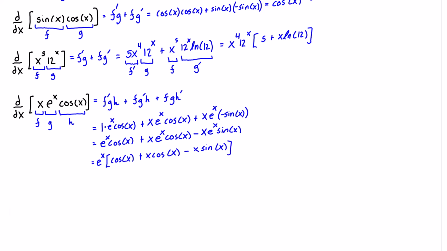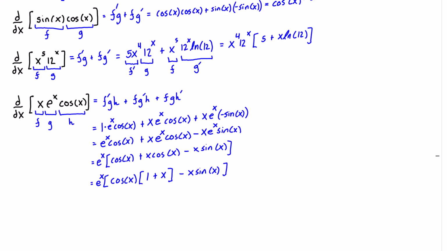And I think we can simplify this one more step, so we can pull out, well, we already had e to the x outside the big brackets, and then we can pull out this cos of x here. So it's going to be cos of x times another set of brackets, so that'll be 1 plus x minus x sine of x. And that is the derivative of this function x e to the x cos of x.